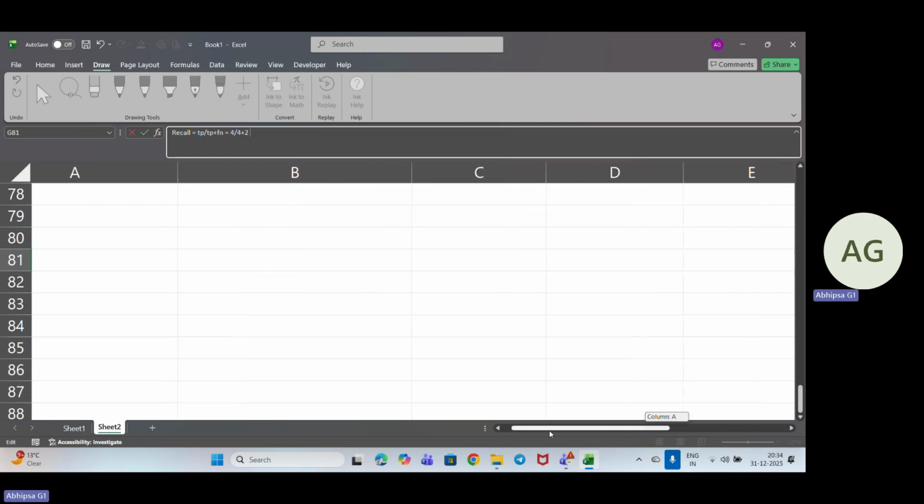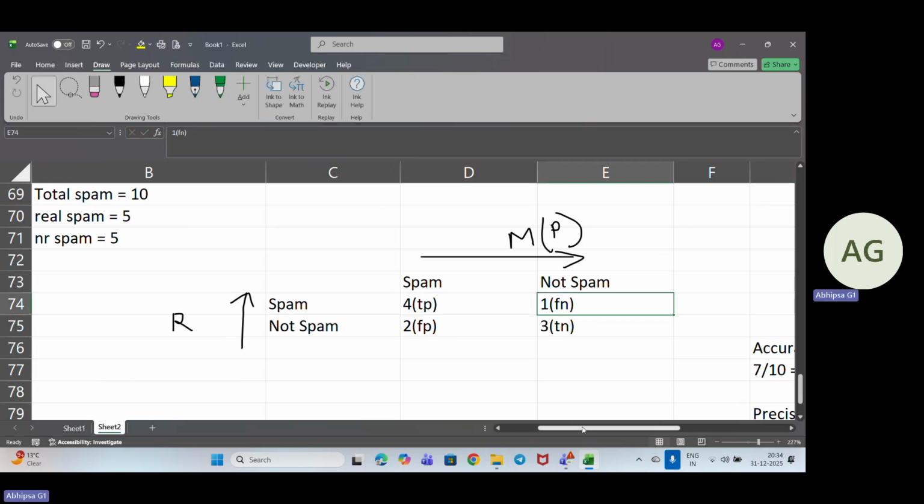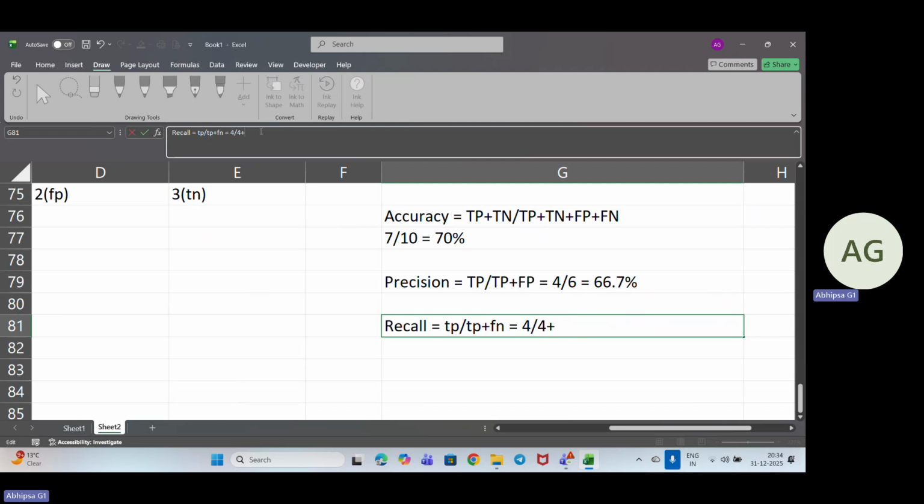Let's check once, what is the FN? FN is 1, sorry, it is not 2, it is 1. So it would be 4 divided by 5, which becomes around 80%.